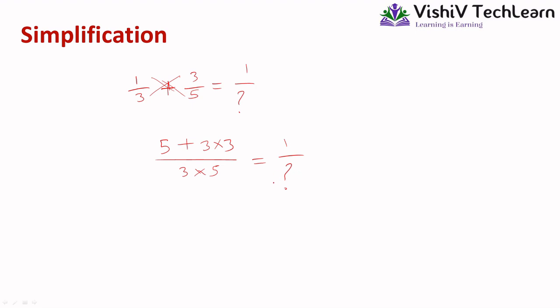Again this question mark can be on the numerator side, this entire term will be on the denominator side, and this 3 into 5 will be again in the numerator side, and then we can simplify it, solve it to get the value of question mark.